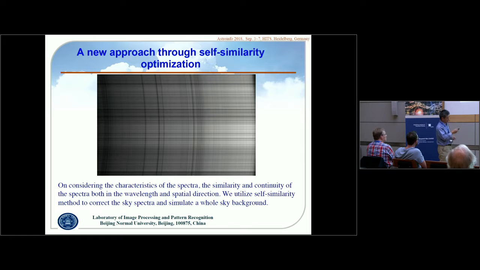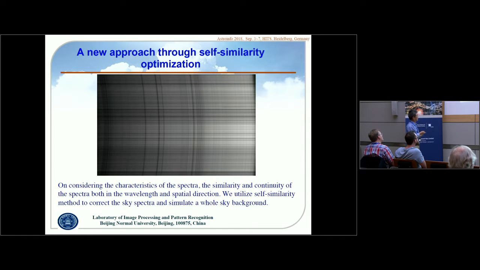If you use one averaged super sky light, it may match the sky background signal better in one part, but in another part there may be a little difference. So how to make a better approximation to eliminate the sky background signal? I think it is a very difficult problem.